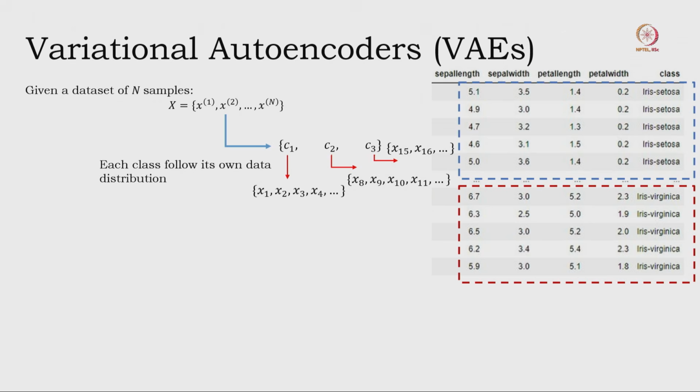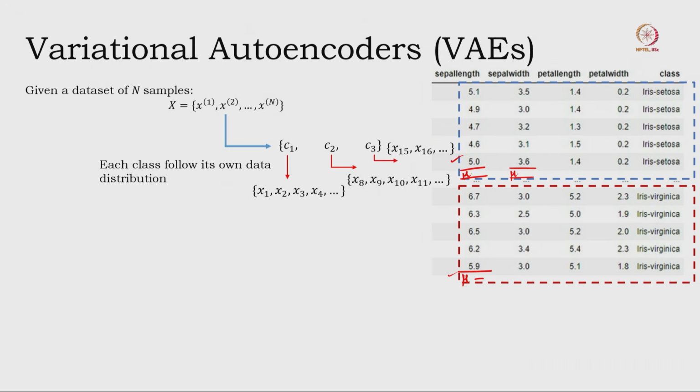So, what does it mean? Each class here follows its own data distribution. What is the meaning of this? When we take the mean of this group, you will have one value. When you take the mean of this group, you will have another value, and for this one a different value again. So, the distribution of these points and the distribution of those points are different.